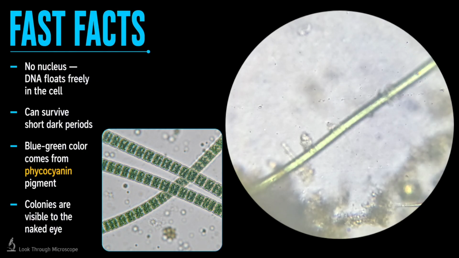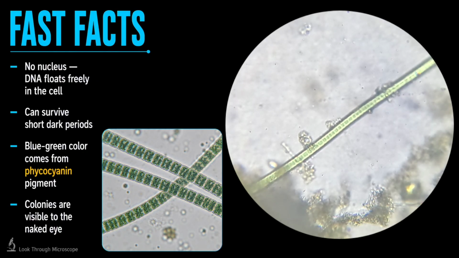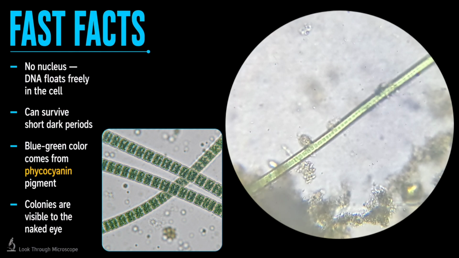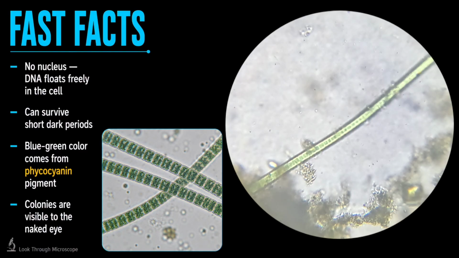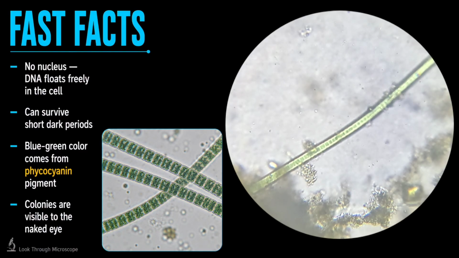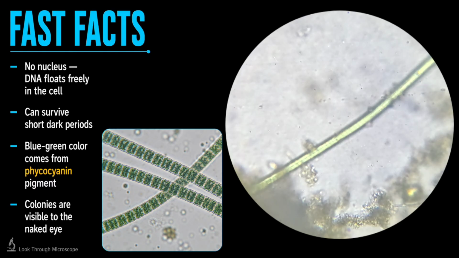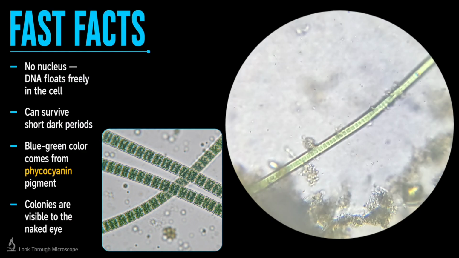Before we wrap up, a few quick facts to leave you with. Oscillatoria has no nucleus. Like all bacteria, its DNA floats freely in the cell. It doesn't need sunlight constantly, and some species can survive short dark periods and resume gliding once light returns. Its blue-green color comes from a pigment called phycocyanin, the same class of pigment used as a natural blue food dye in some products.